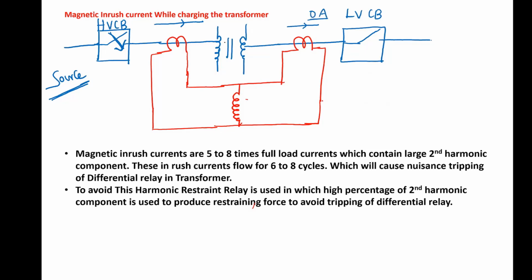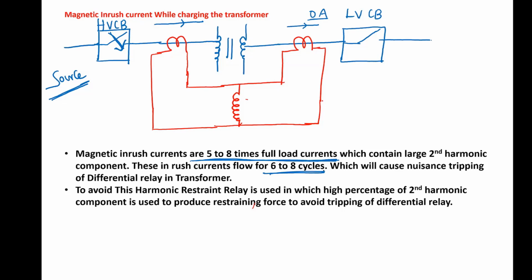The magnitude of magnetic inrush currents is 5 to 8 times full load current, and they flow for 6 to 8 cycles. So on the primary side some current is flowing which is 6 to 8 times full load current, and on the secondary side the current is 0.